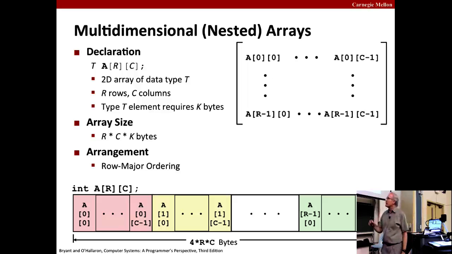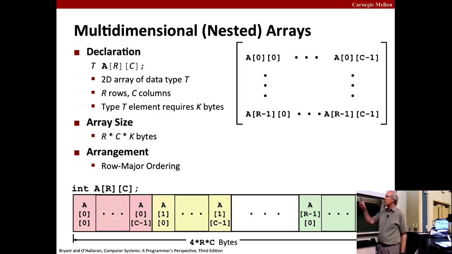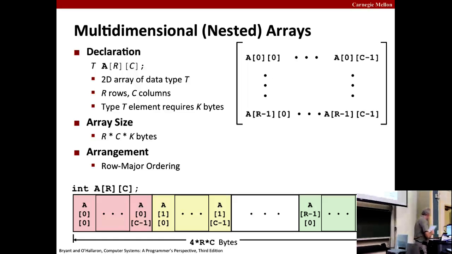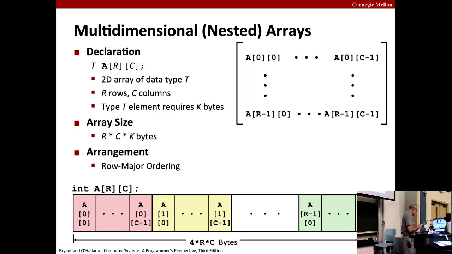So that declaration of A3, with those parentheses, says A3 is a, what is A3? A3 is a pointer. It has parentheses around it. What does it point to? It points to an array of 3 ints.